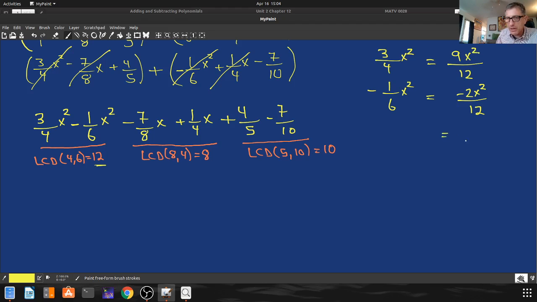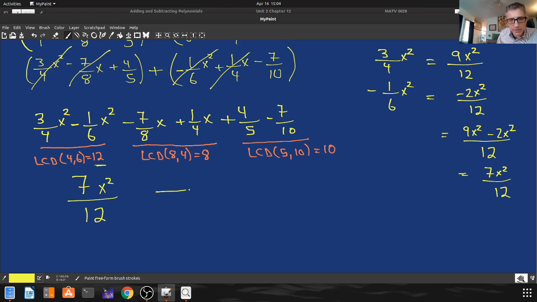And the sum here is over 12, so I get 9x squared minus 2x squared, which is equal to 7x squared over 12. And you could literally do that for each one of these groupings.